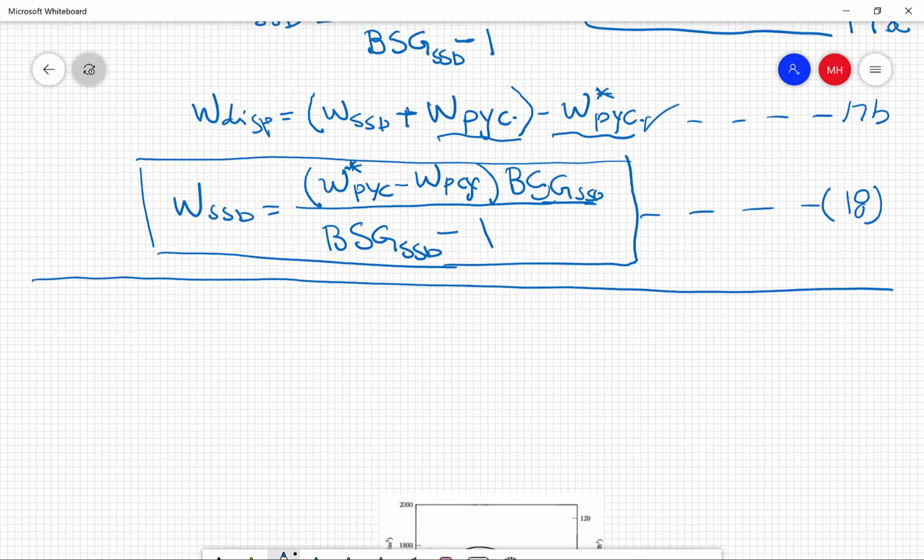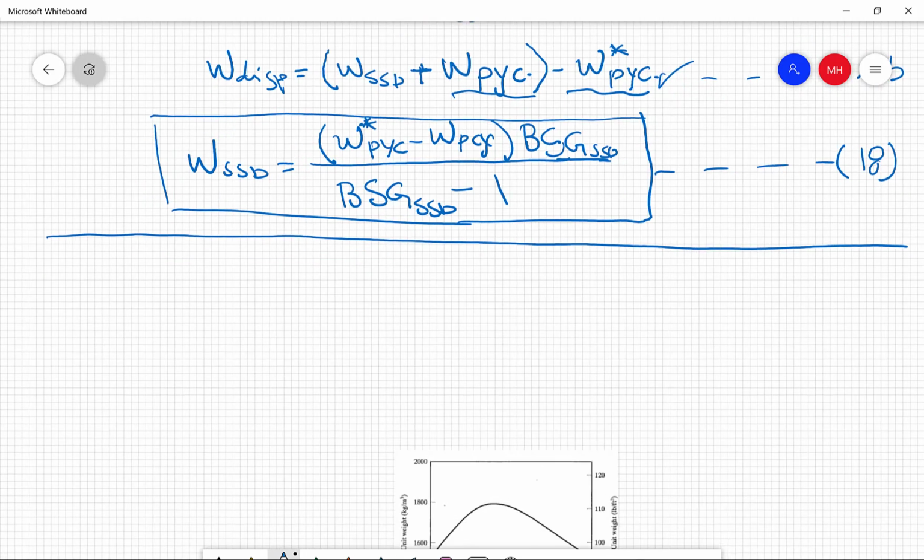The next topic I'm going to talk about here is the unit weight.